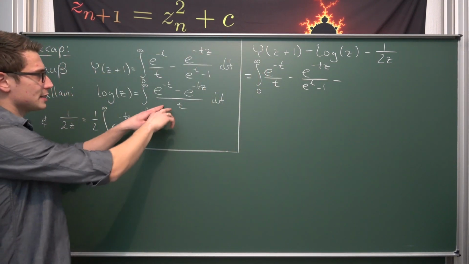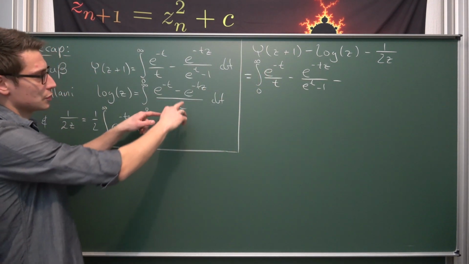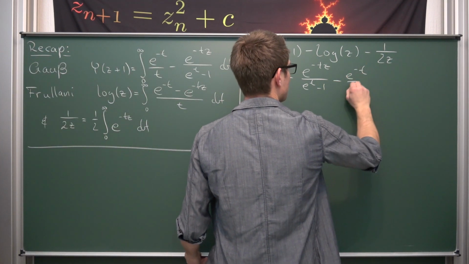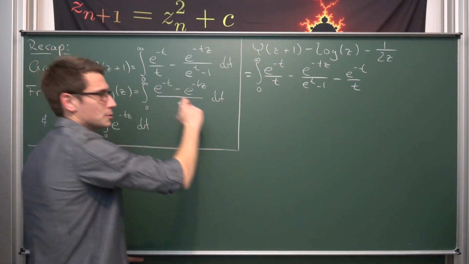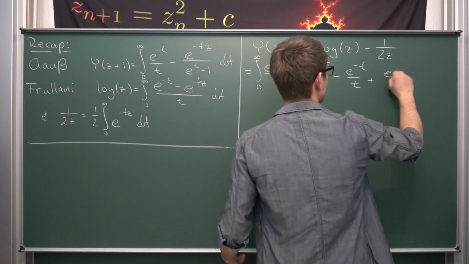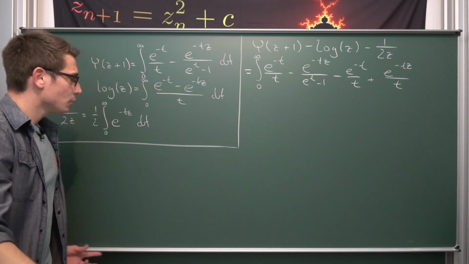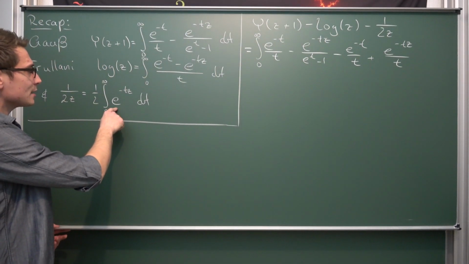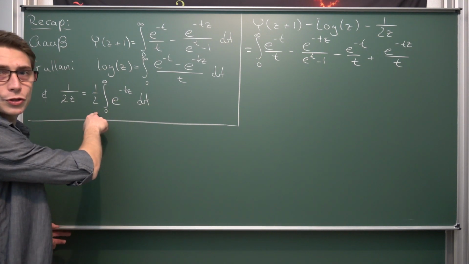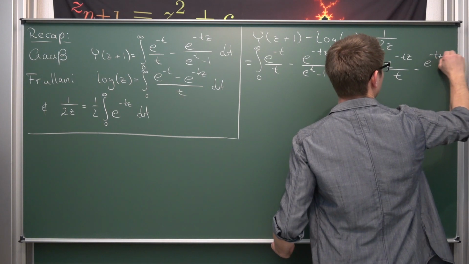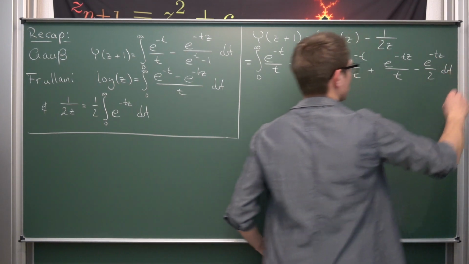What I'm going to do is break it up, I'm going to use the additive property of the numerator to turn this into e to the negative t divided by t, and negative turns into positive, so plus e to the negative tz divided by t, and all of this minus e to the negative tz over 2. This is the last part. And all of this integrated with respect to t.